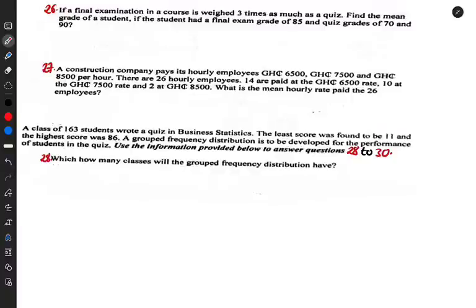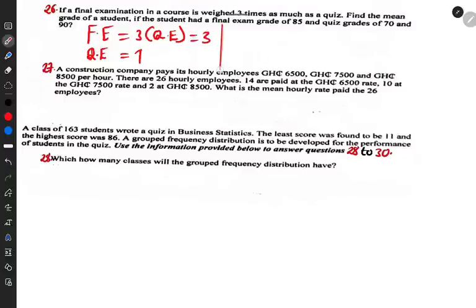So that means that the final examination (FE) is weighed 3 times as that of the quiz examination. If the quiz is weighed 1, then our final examination is weighed 3.